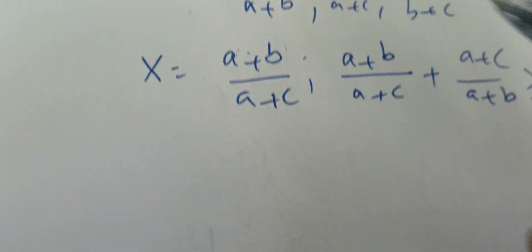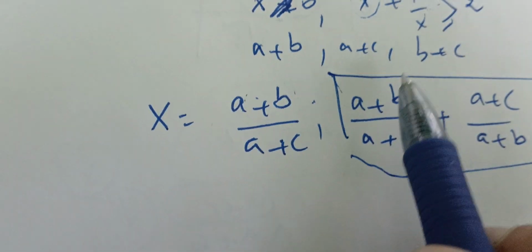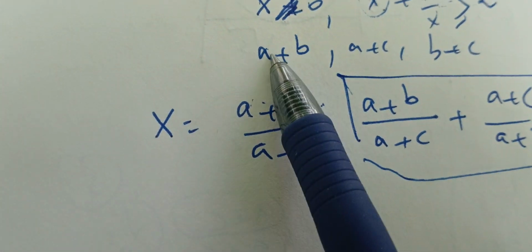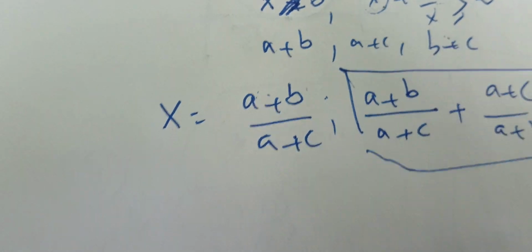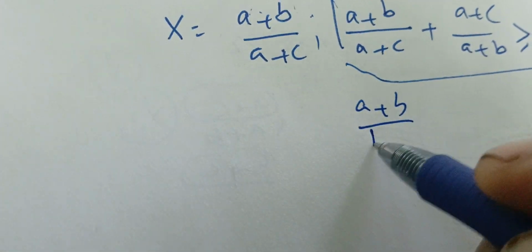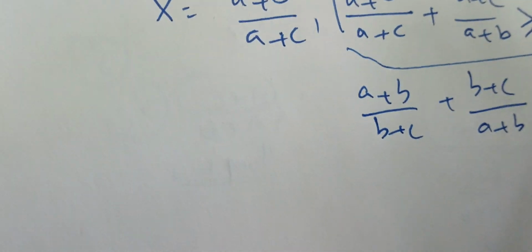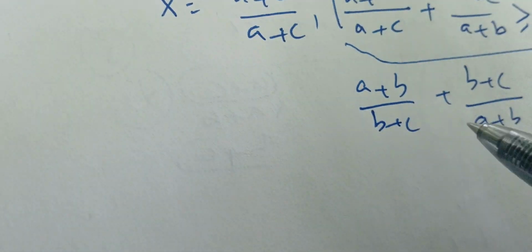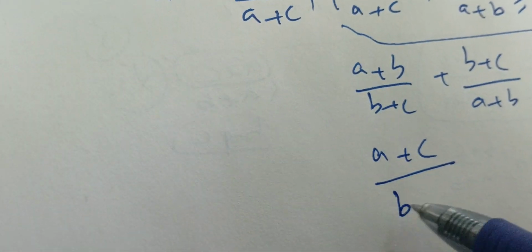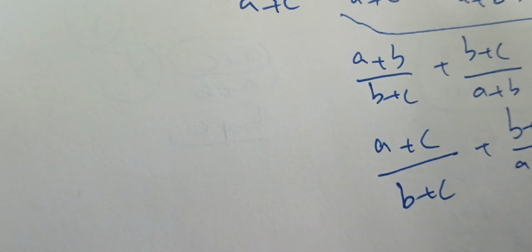Now I can use the same thing and form another x with A plus B over B plus C. So A plus B over B plus C plus B plus C over A plus B is bigger than or equal to 2. And the last one is A plus C over B plus C plus B plus C over A plus C, bigger than or equal to 2.